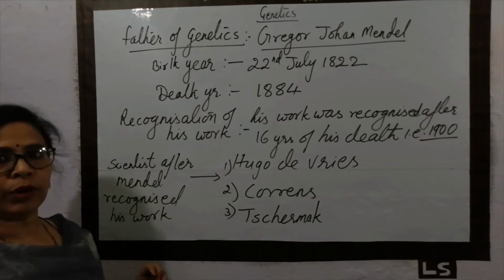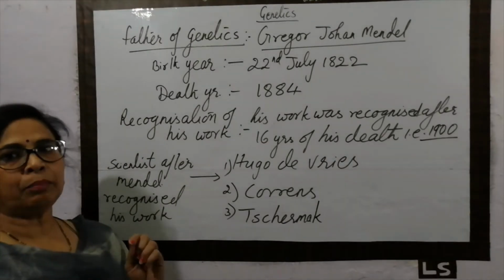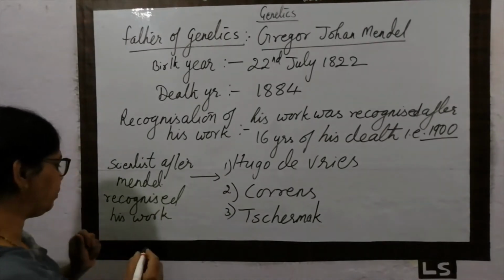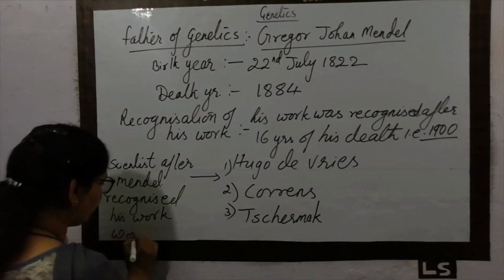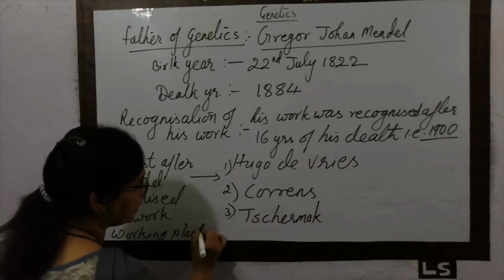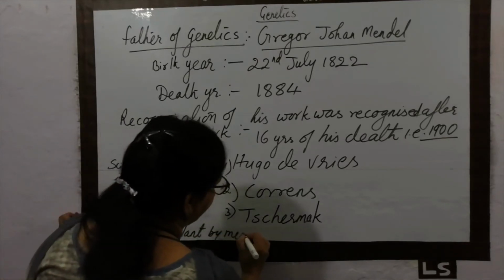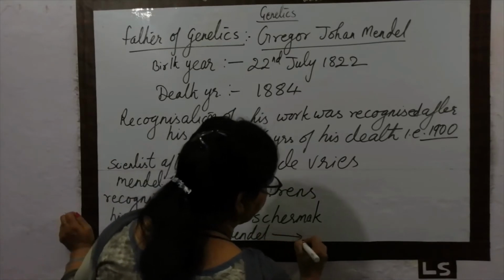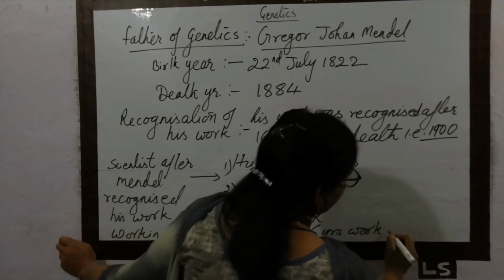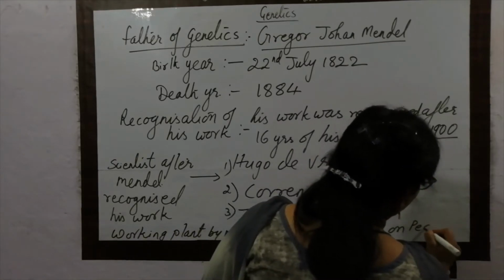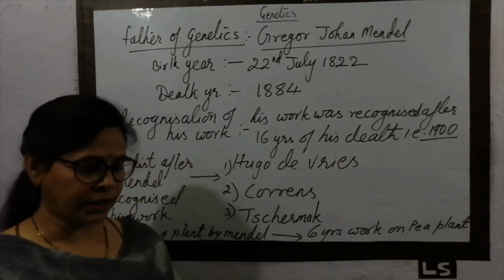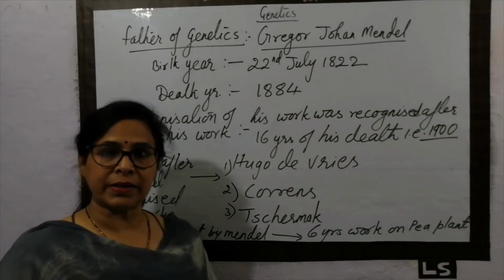Mendel basically worked on the pea plant. He performed 6 years of hard work on the pea plant. The botanical name of the pea plant is Pisum sativum.